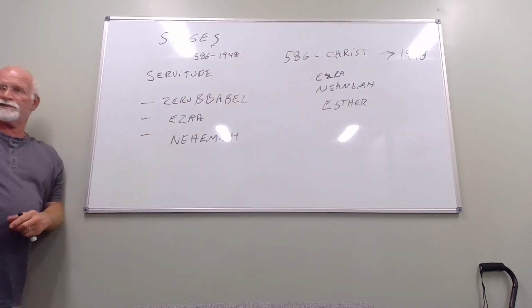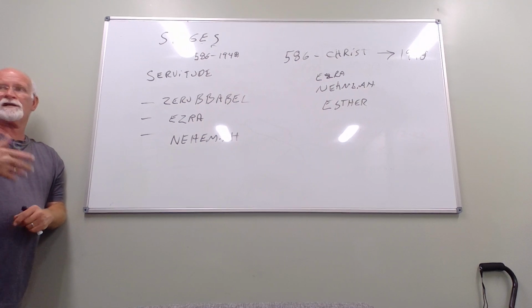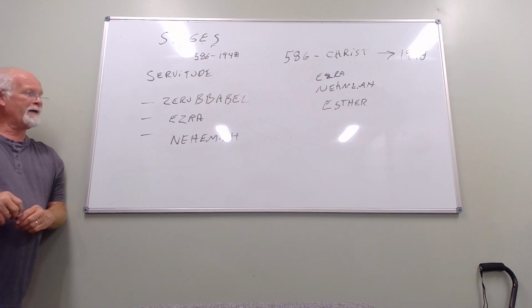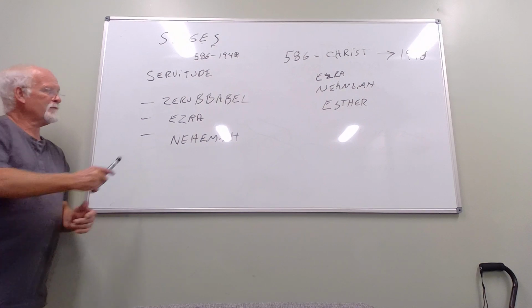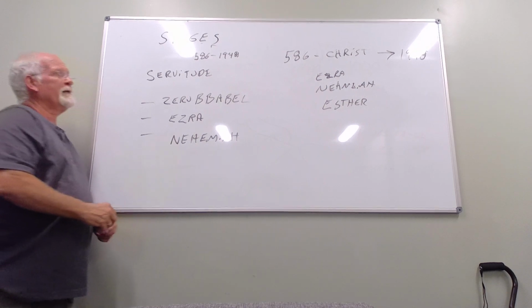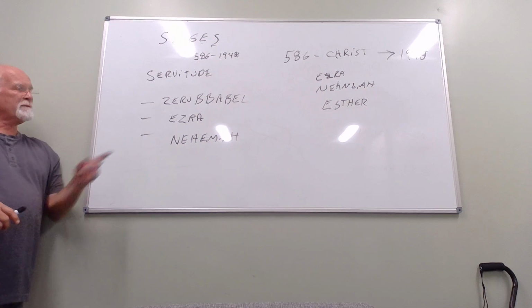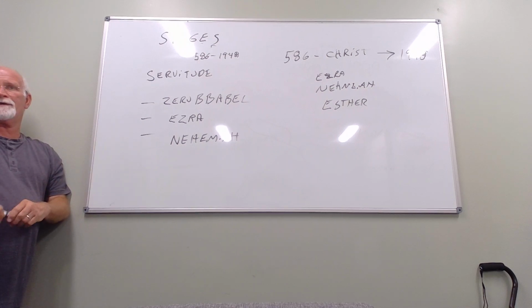Ezra is kind of like a cheerleader. He comes back and encourages the people, and they ended up getting a synagogue built. And that synagogue stood for a long, long time after that. He's important because he is the one that's credited for putting the Old Testament together as we have it today.